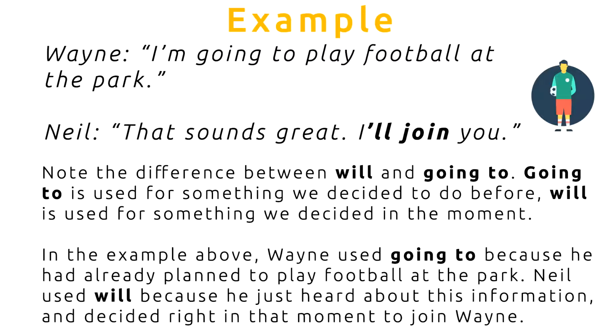In the example above, Wayne used going to because he had already planned to play football at the park. Neil used will because he just heard about this information and decided right in that moment to join Wayne.